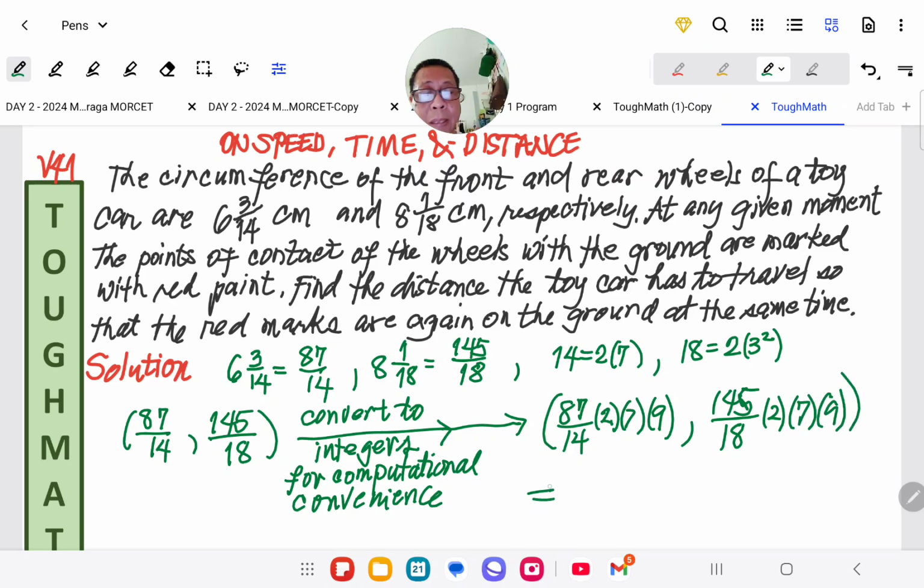And this gives us 783 and 1015. Okay. Now what do we do with this ordered pair?